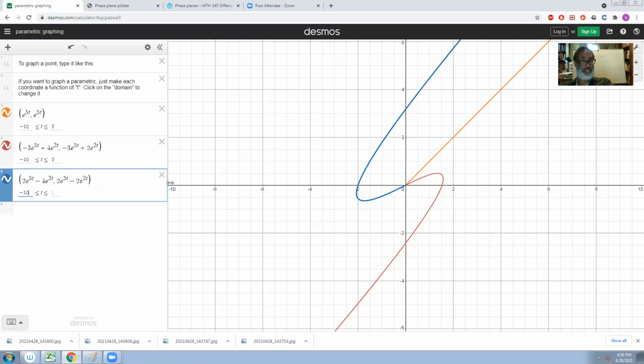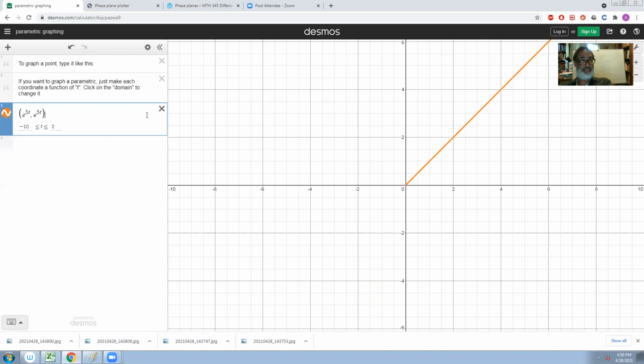So let's get rid of this. And 2 e to the 3t plus e to the minus 3t. And the next one would be e to the 3t.